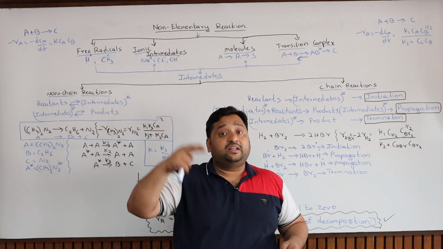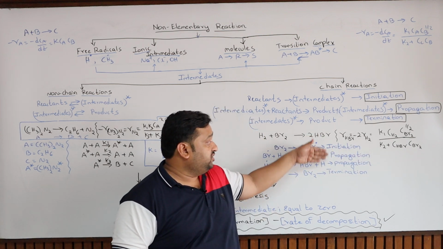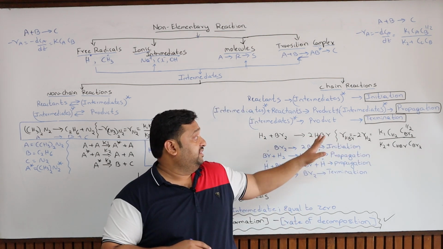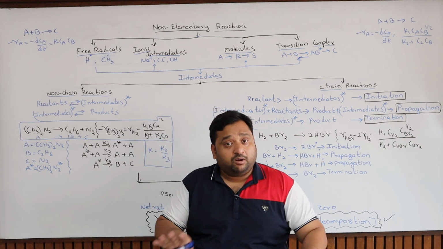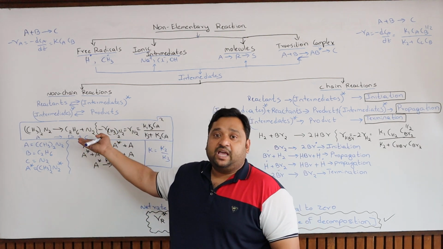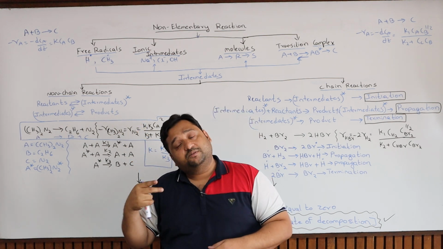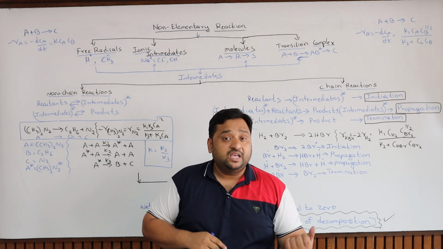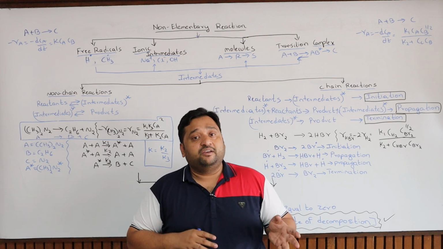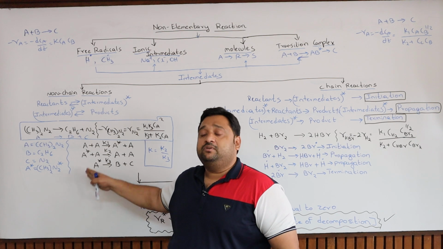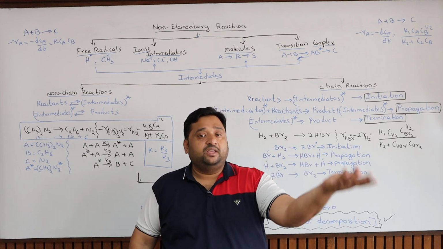Finally, if the experimental rates and this theoretical rate, by assuming this kind of mechanisms, is matching, then these are the valid steps. If they are not matching, they will assume some more mechanism, and finally they get a different rate expression. If that different rate expression matches with experiments, then whatever the mechanism we have assumed is correct, otherwise we go for the other mechanism.